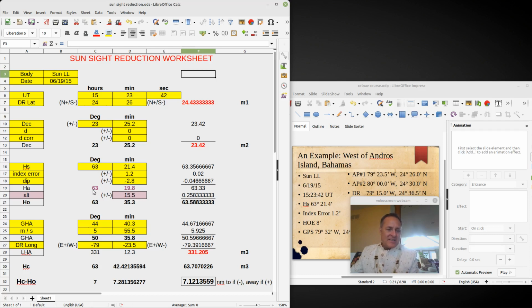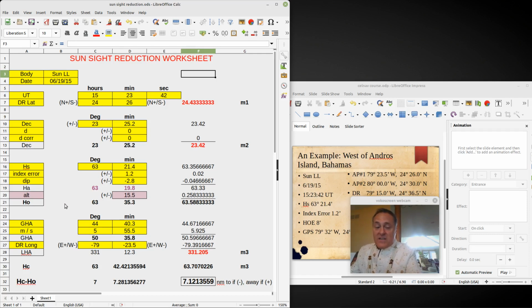And actually it's this value in purple that I enter into the altitude tables, and it comes up as 15.5. It really didn't change anything. But 15.5 is the altitude correction, which is then added to this 19.8 to get 63 35.3. That is our observed altitude.